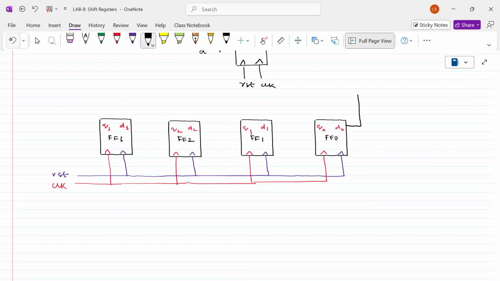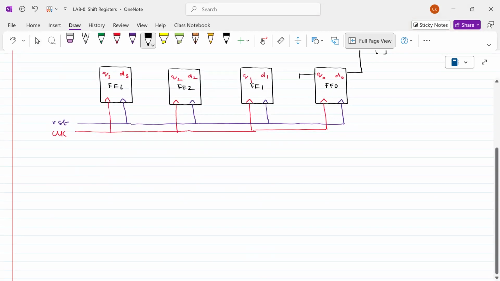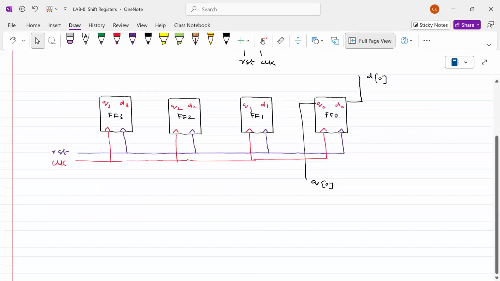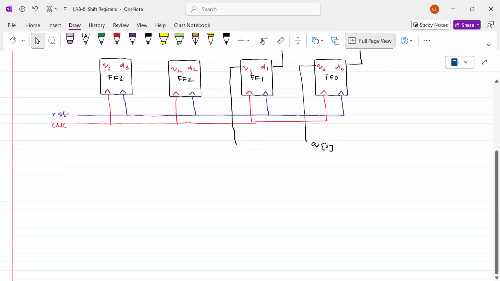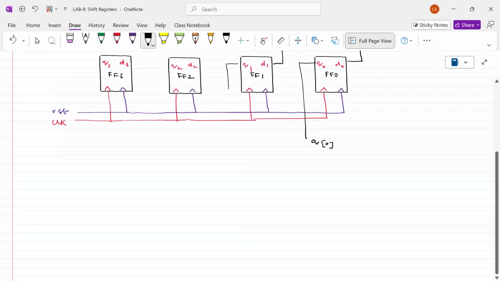So according to that notation, this is D of 0, and here you will get Q of 0. Similarly, here is D of 1 and Q of 1.